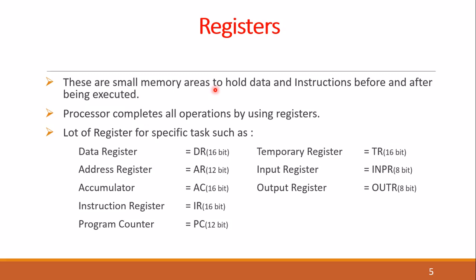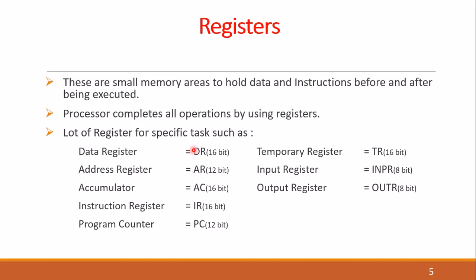The computer registers may hold instructions of the computer or instructions given by the CPU, storage addresses of the memory, or any kind of data. There are different types of registers. The processor completes all of its operations by using these registers.